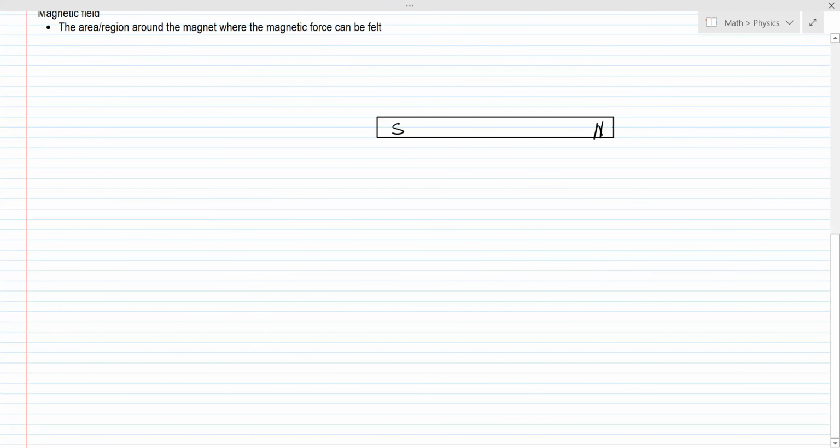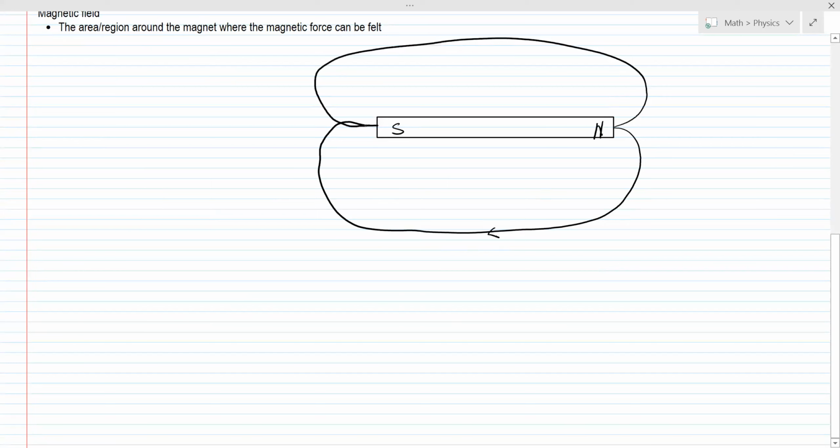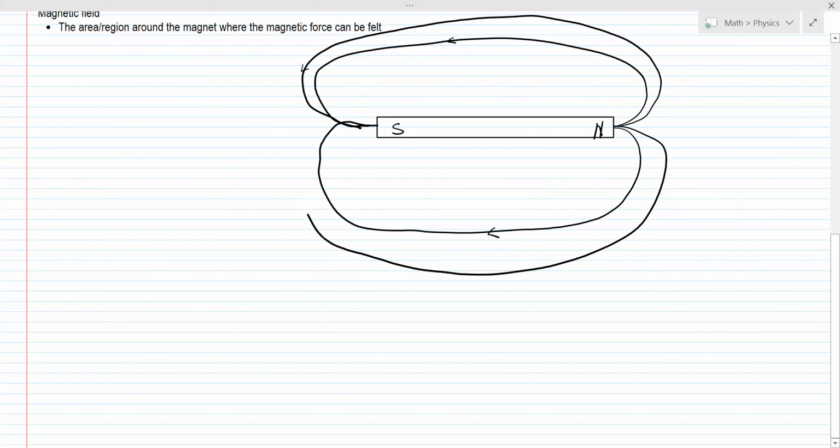Know that the lines move from the North to the South Pole. You can just keep drawing lines, depending on how many you want to draw.